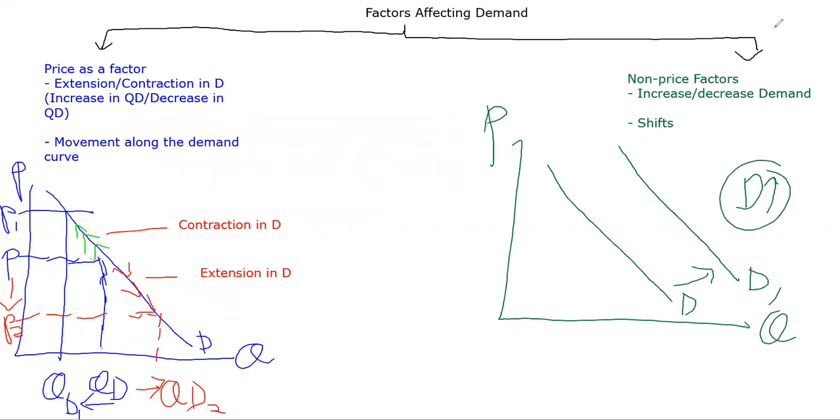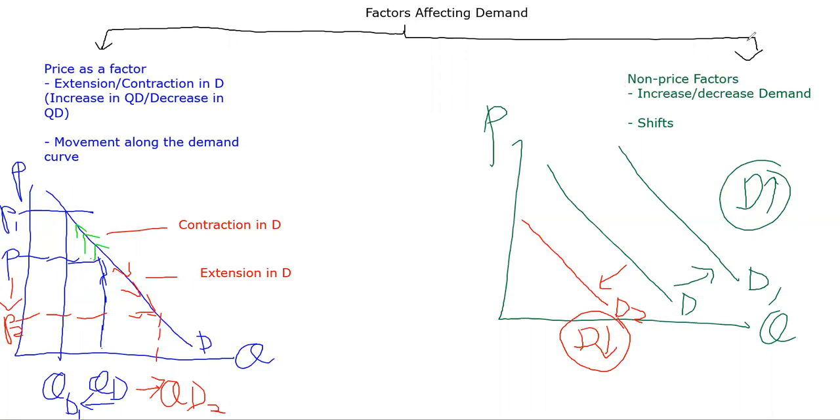However, an inward or leftward shift to, let's say, D2 is a decrease in demand. The same goes with supply. A rightward shift is always an increase, a leftward shift is always a decrease. It applies to demand, and it applies to supply.